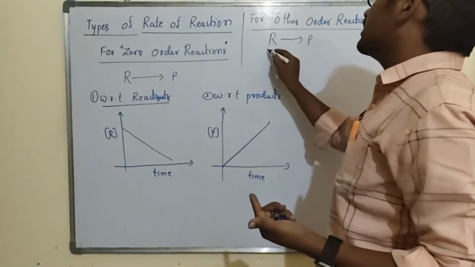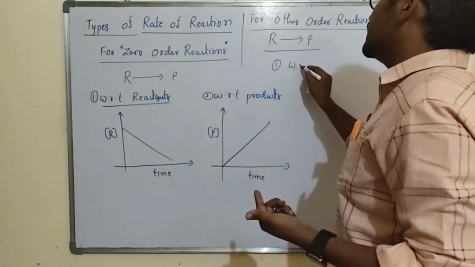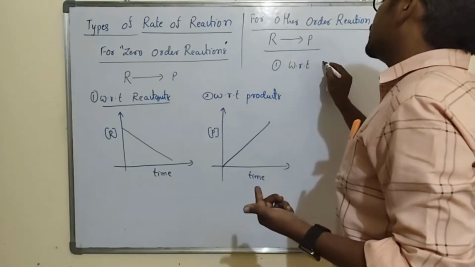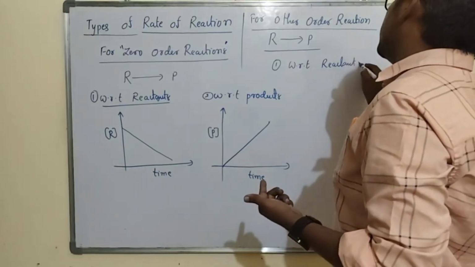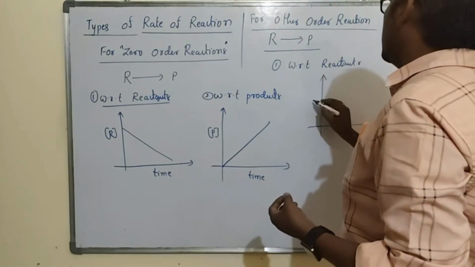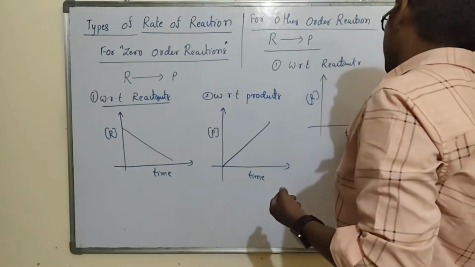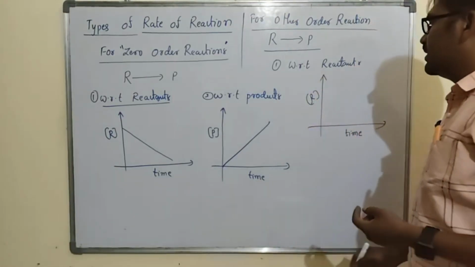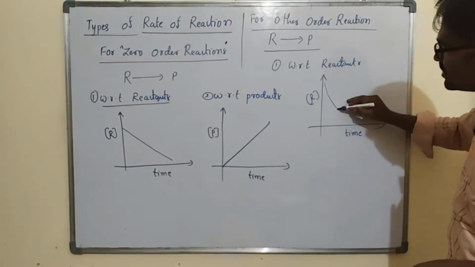Consider a reaction, reactant is converted into product. First, with respect to reactants, if you take concentration of reactant versus time, it exponentially decreases.